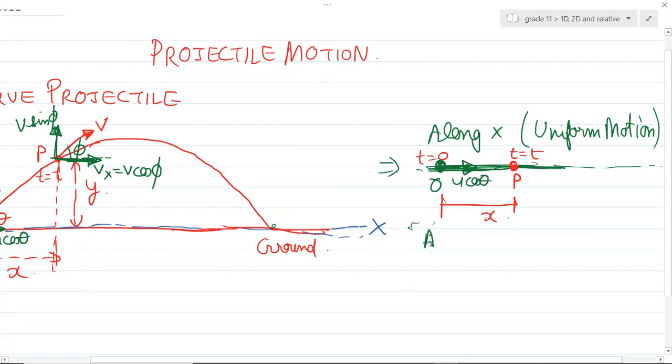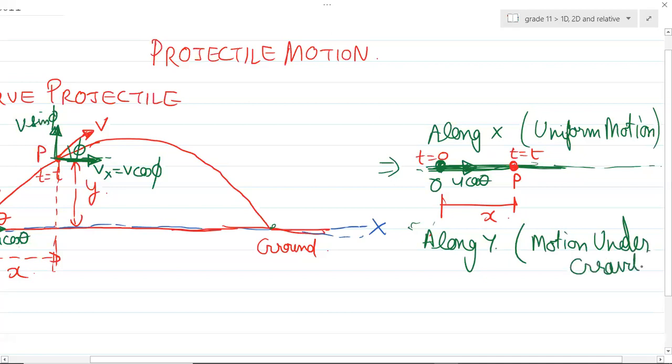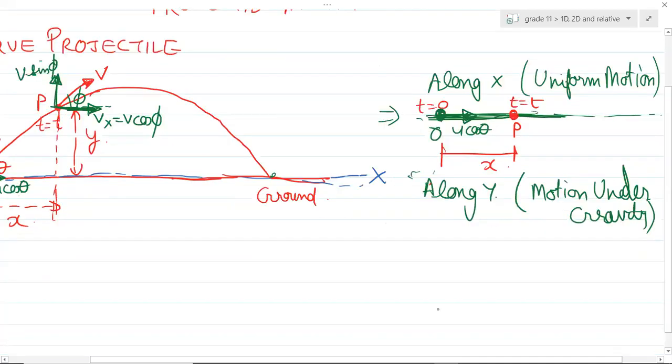Guys, are you writing along with me? Yes. Along y, it is basically motion under gravity, just like the vertical motion you already studied, no? It's like along vertically, when you throw the object like this, it goes up and it comes back down. So let's say you have thrown the object up with the initial velocity of u sin theta.